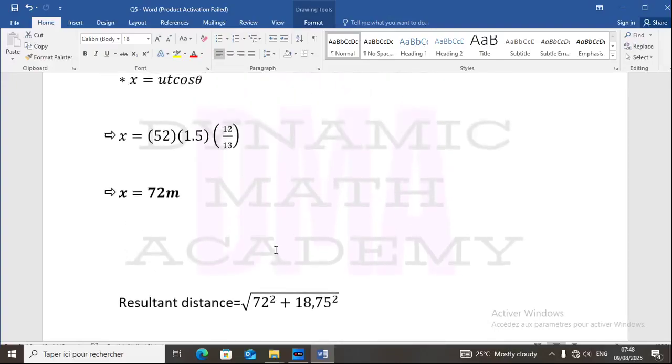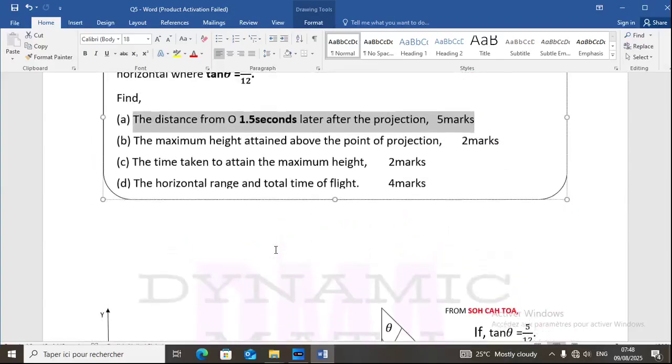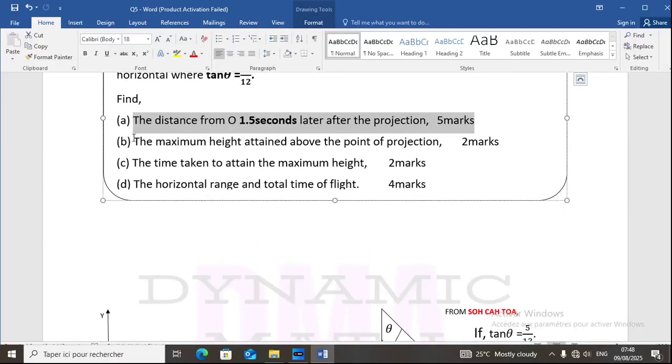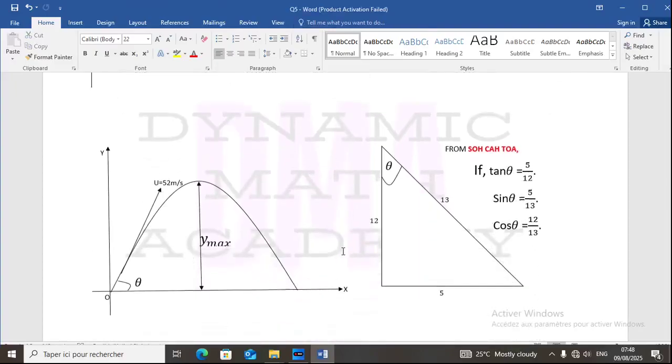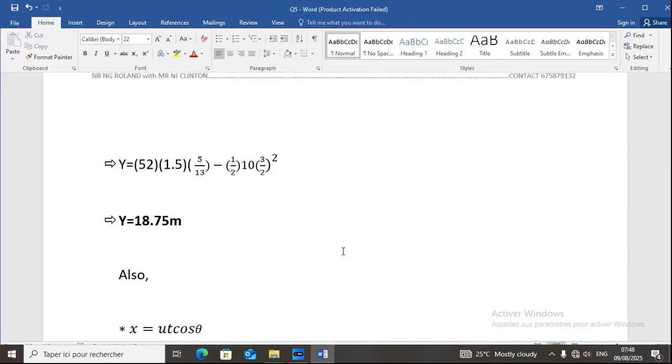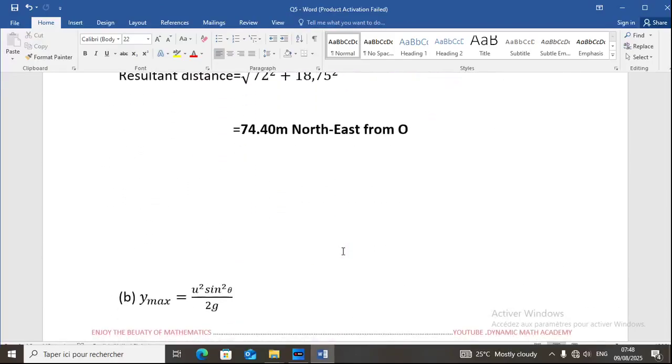So question 2 now, we are asked to look for the maximum height attained above the point of projection. For us to get the maximum height, we simply need to apply the formula. Yes, we know that y max is equal to u squared sine squared theta divided by 2g. We already know everything here.